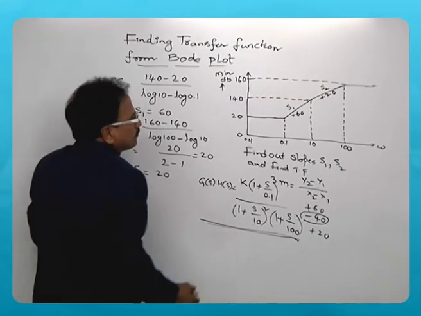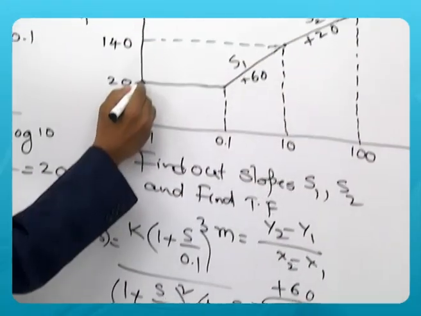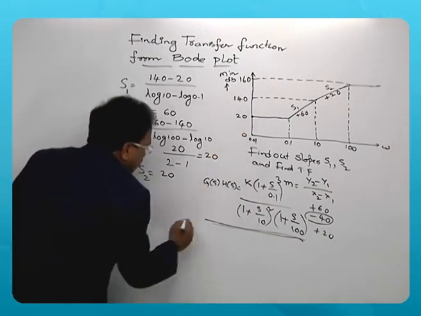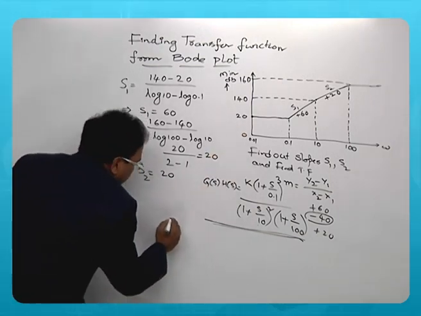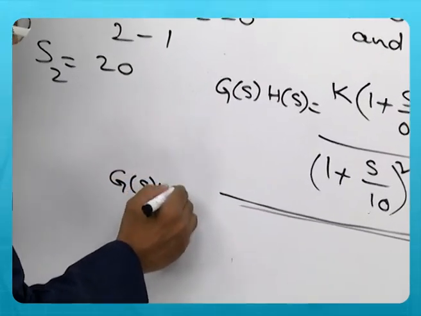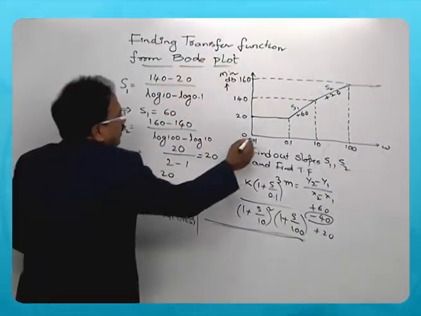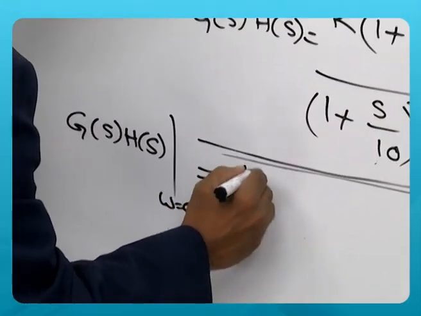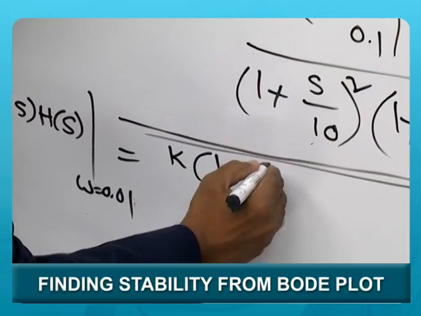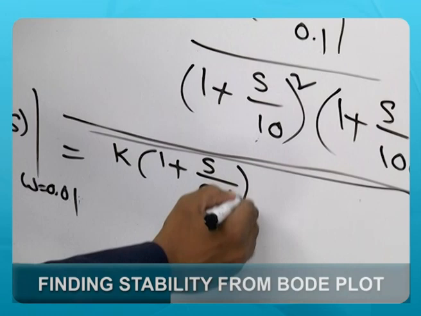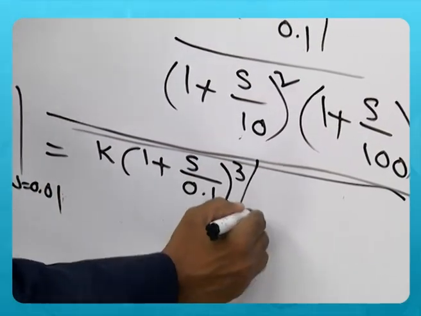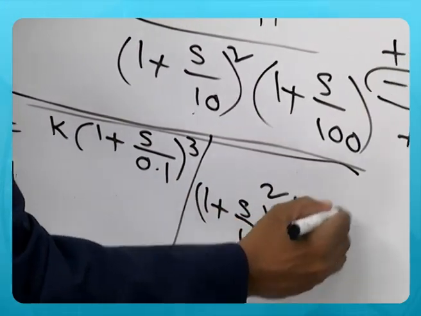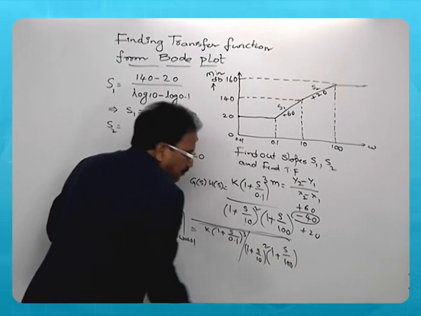I need to get the value of K also here. You can see the magnitude is constant 20 and no slope actually. So I can write this magnitude 20, that is G(s)H(s) magnitude at omega equal to 0.01 is equal to K into the whole function 1 plus s by 0.1 whole power 3 divided by 1 plus s by 10 whole square into 1 plus s by 100.